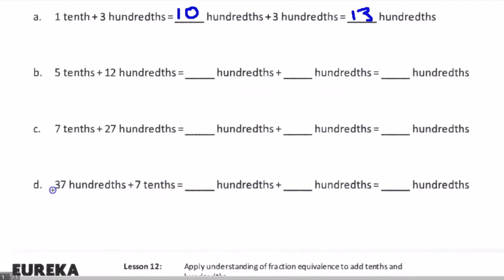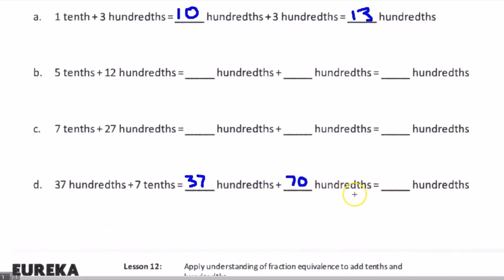Let's look at D. I have 37 hundredths plus 7 tenths. This time they're leaving all of these blank, and 37 hundredths is already in hundredths. They're trying to trick you here. That's 37 hundredths. 7 tenths, just add a 0 to that 7, 70 hundredths.